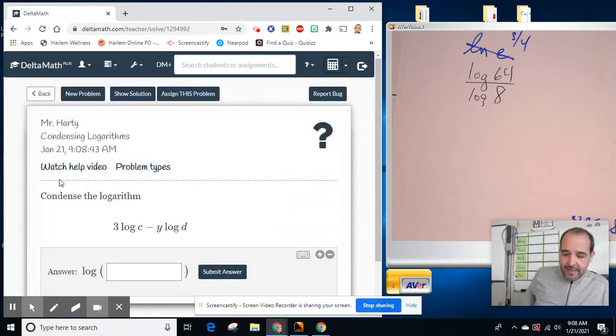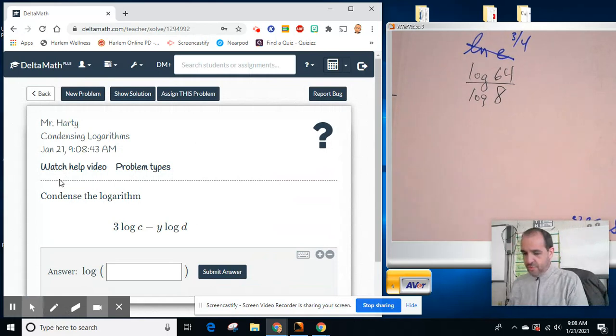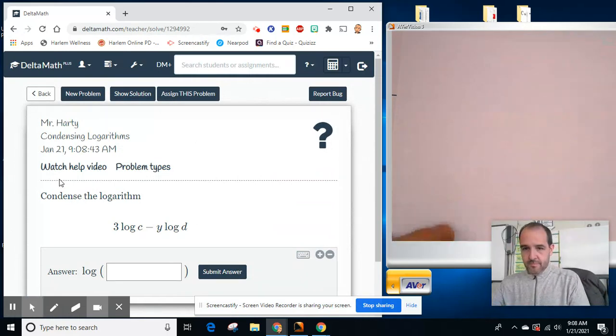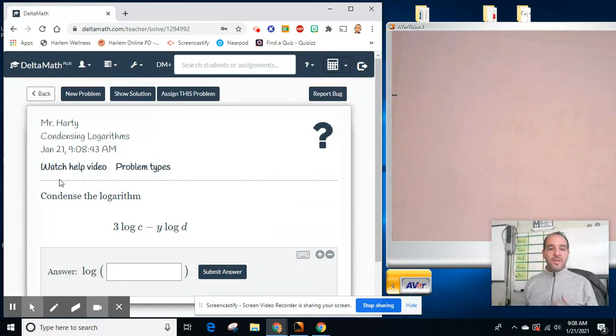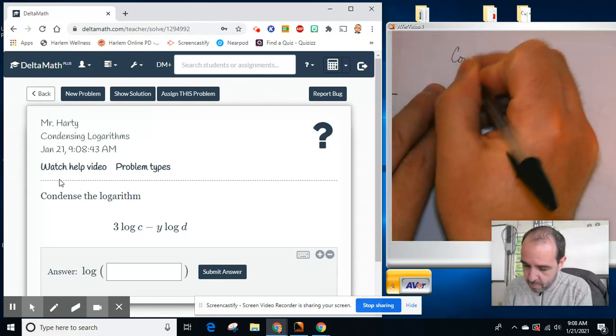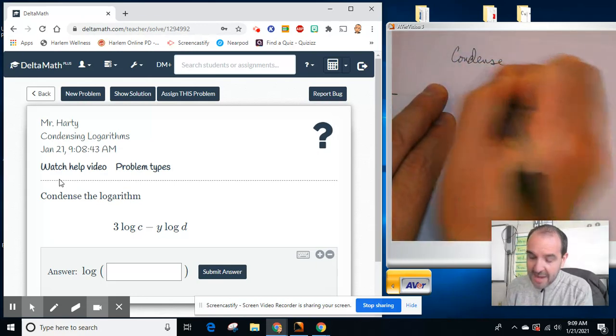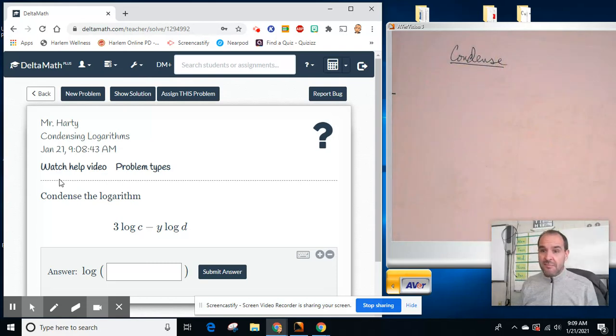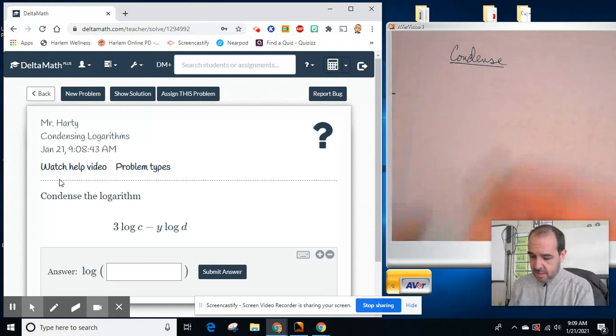All right, condensing logarithms. Oh boy. All right. Back to our reminders again. When we're condensing, okay, because we'll have expanding coming here soon in a bit. When we're condensing, here's the order we're going to look at. Again, not a bad idea to have this stuff jotted down somewhere, just saying. All right.